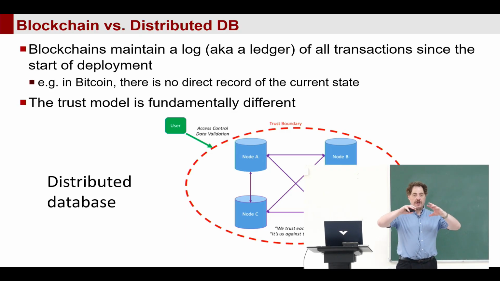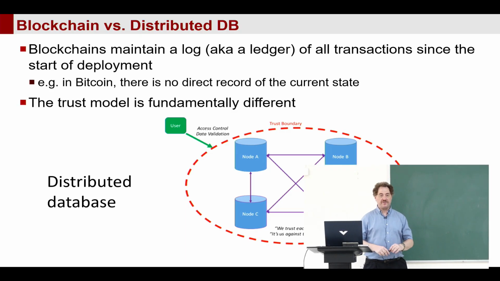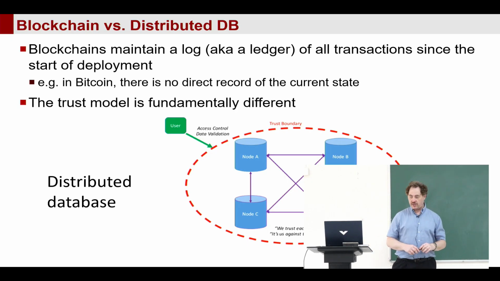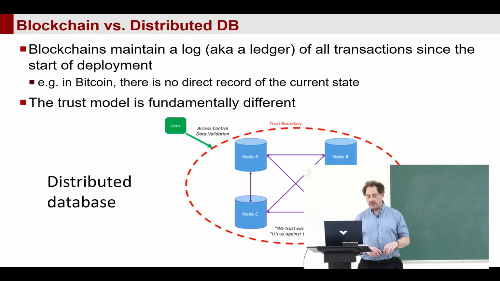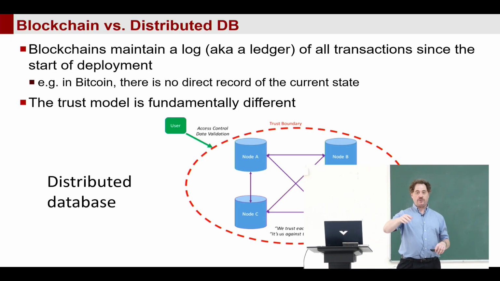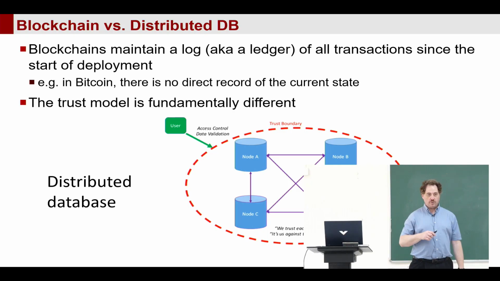Collectively, all those nodes would be providing services related to the database. And of course, the users, the clients, may try to gain access to hack the database, to gain unauthorized access. So protection against attack from the clients is a major concern for distributed databases, but not necessarily attacks from within.